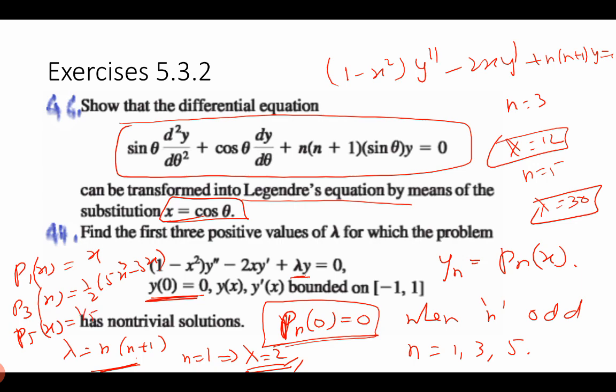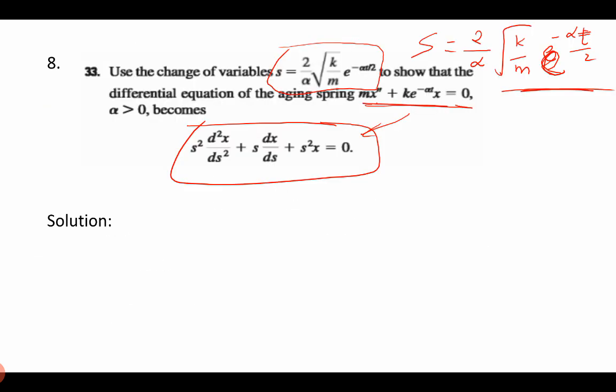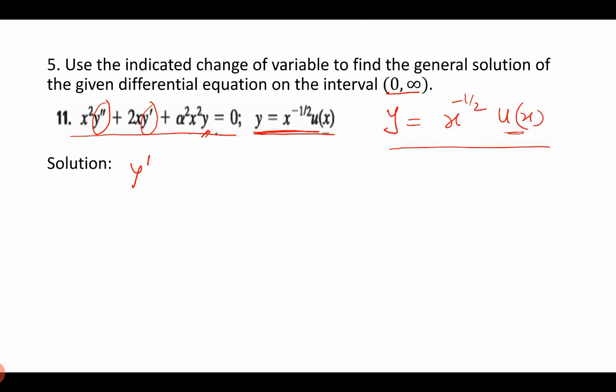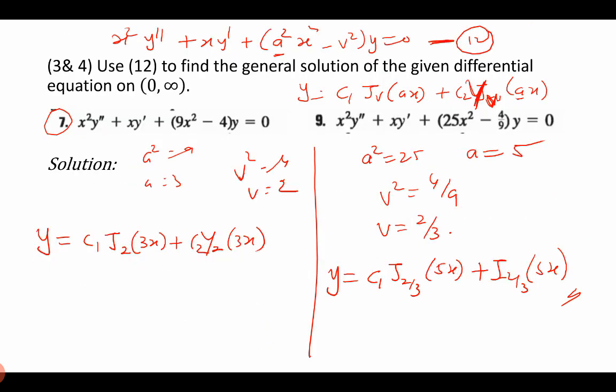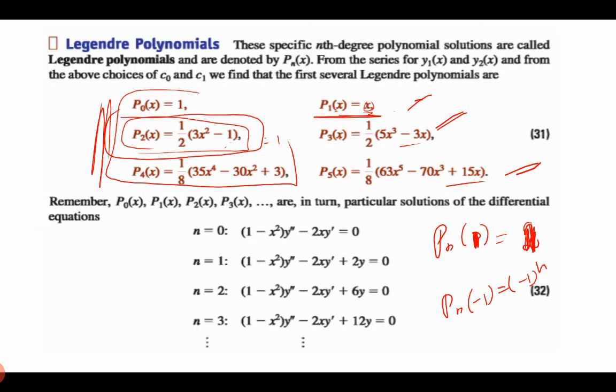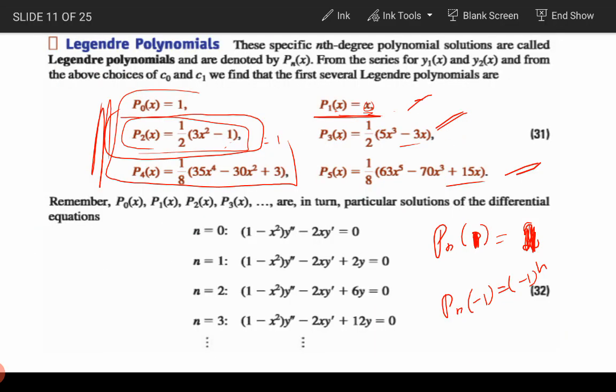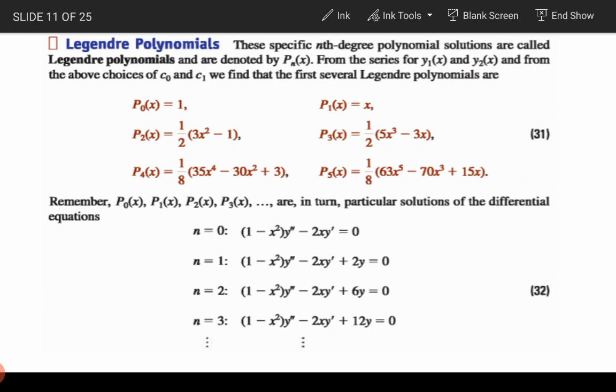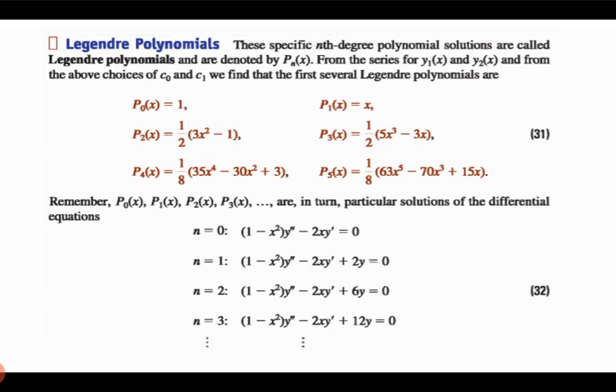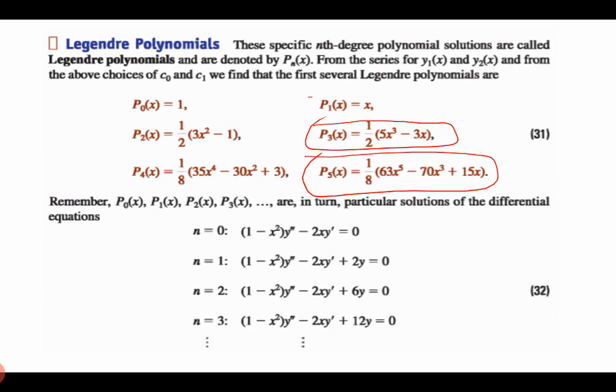This is 1 by 5. Check back here. I will show you the given solutions of Legendre's equation. This one. When n is 1, this is the solution. When n is 3, this is the solution. When n is 5, this is the solution, right?